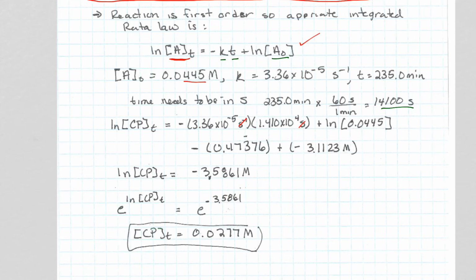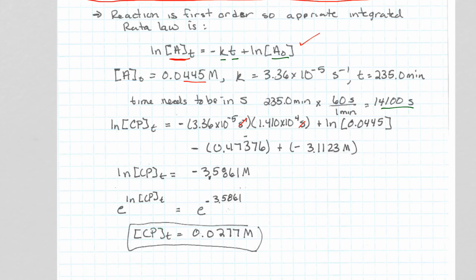Here I just do e to the x, so e to the negative 3.5861. Solve that, you get 0.0277. Again, our units are molar. So now you've shown that after 235 minutes, the concentration has dropped from 0.0445 molar to 0.0277 molar.